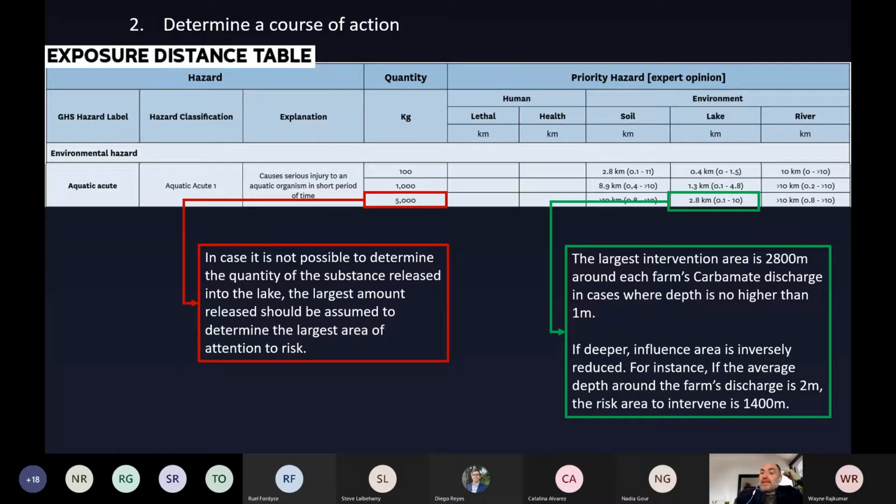So in these cases, I also have precautionary measures to take on 10 kilometers around the spill.